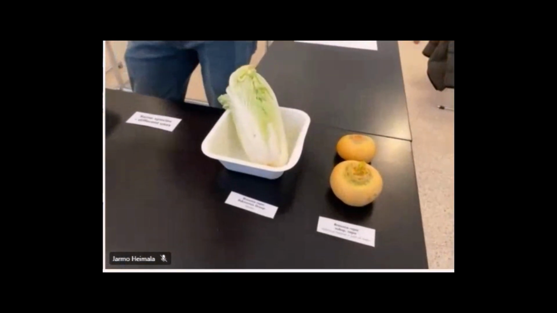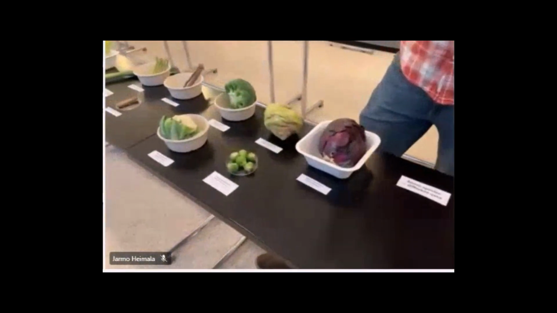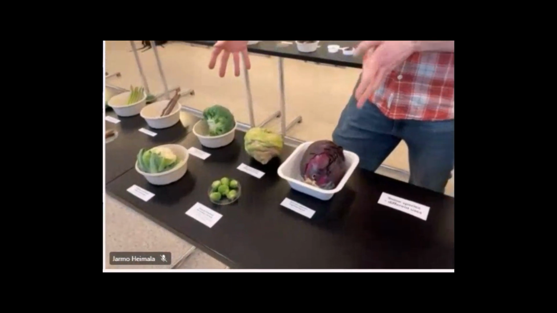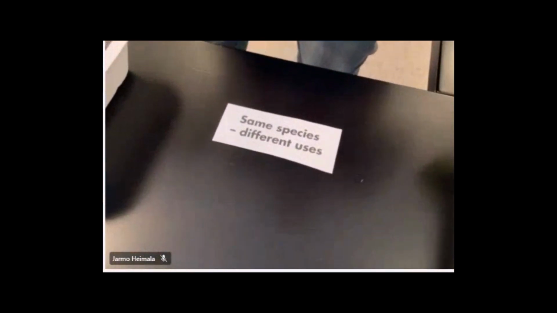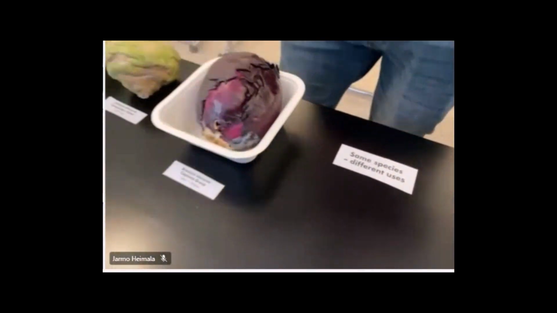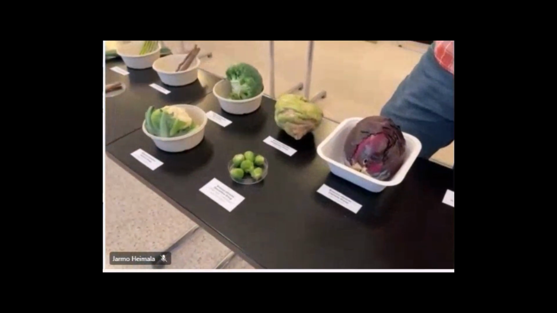Well, in this table, we have some plants of the same species, but for different uses. These are, of course, cultivars, and they have been selected from the one species. They have been selected to produce different kinds of vegetables.